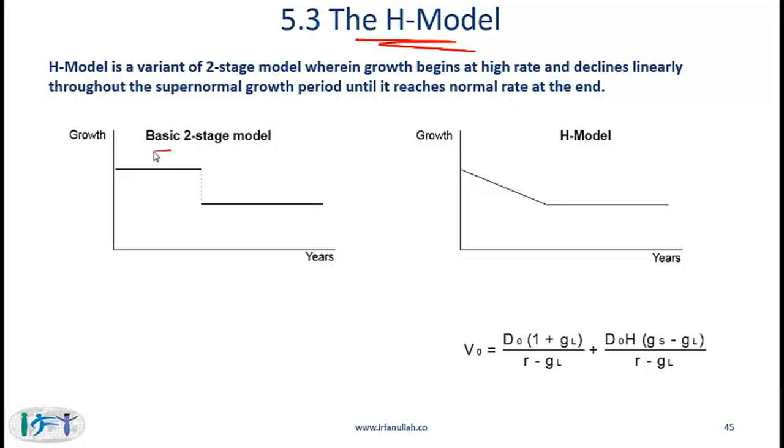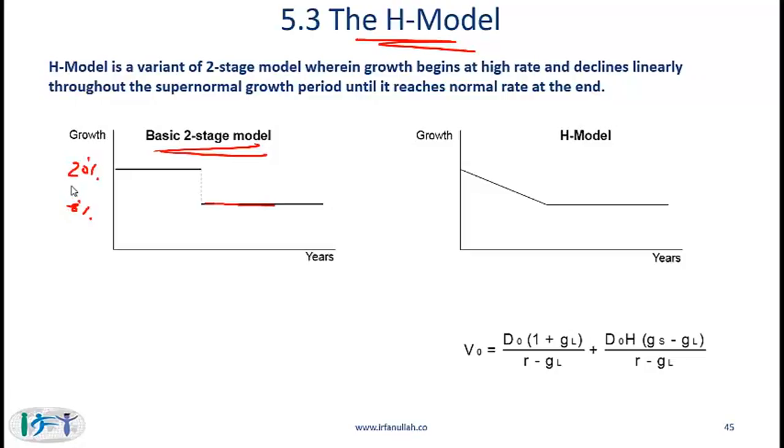So this is what we've done so far, and if we think about it, it's quite unreasonable. If you assume that the growth rate is 20% and it will eventually come down to 8%, what we have assumed so far is that 20% is the rate for a certain number of years, and then suddenly the rate comes down to the long-term 8%.